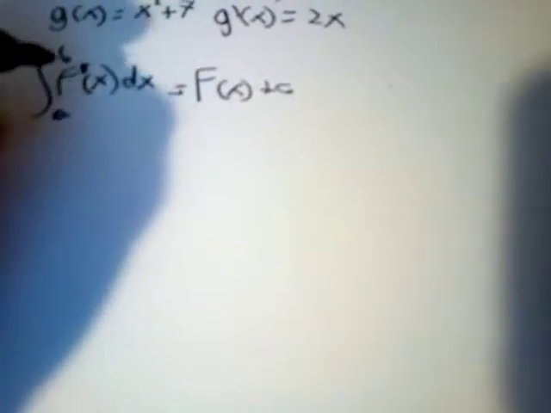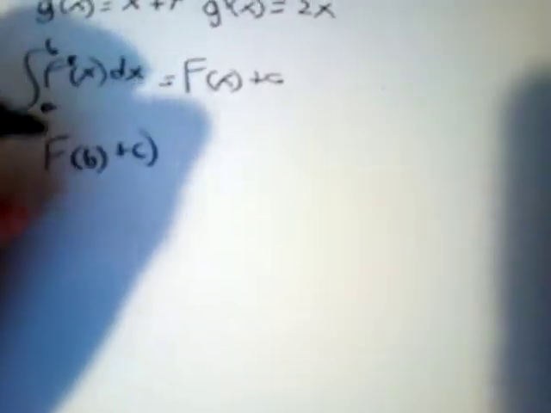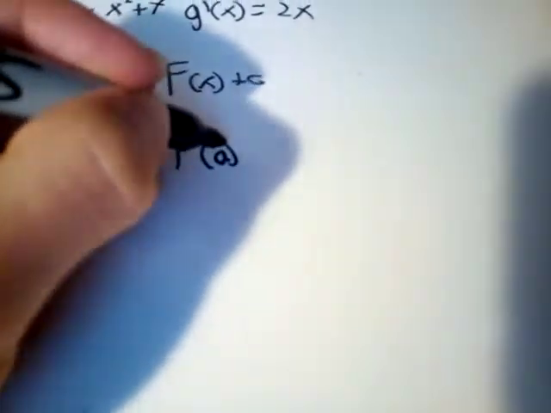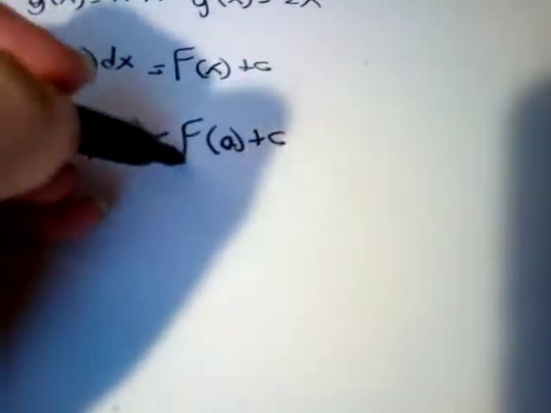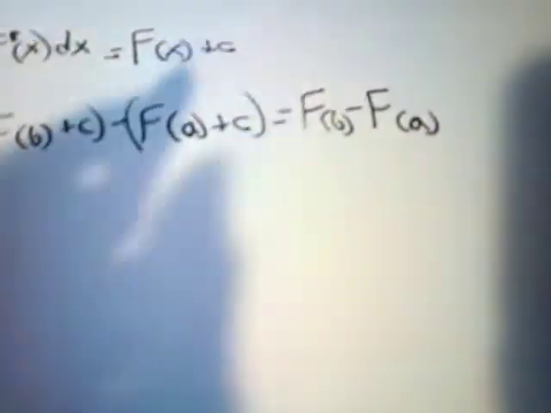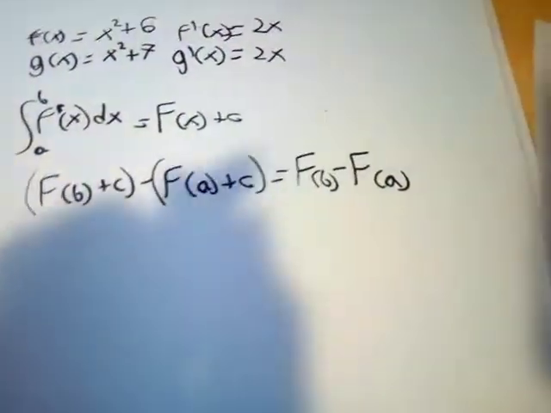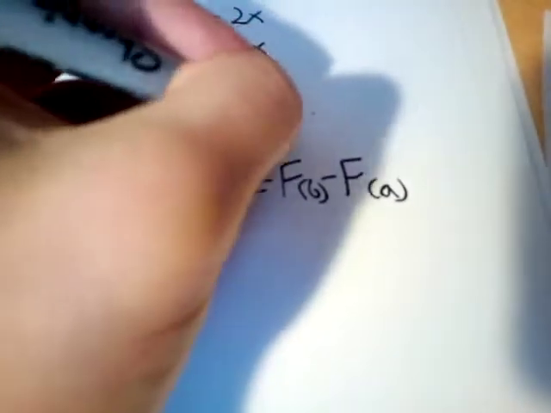And what you're going to do is capital F of b plus c, so all that, minus capital F of a plus c, brackets around that. And what you notice is when you work this out, it just becomes capital F of b minus capital F of a. The c's cancel, so you don't need to write the plus c because it's going to disappear anyway when doing definite integration.